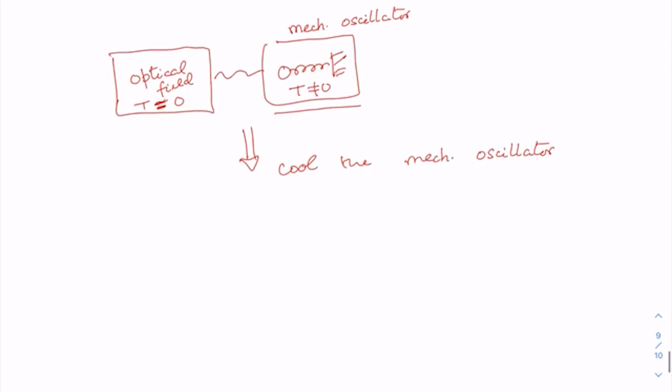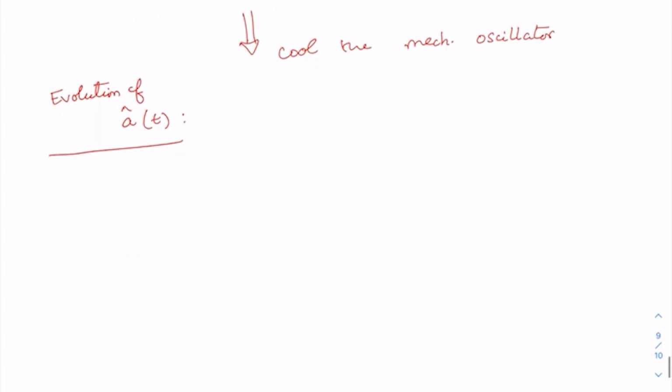Now, one useful piece of information that we'll require later in this course is the evolution of the annihilation operator A. This can be easily found by using the so-called Heisenberg equation of motion, which we learned in the last class. The annihilation operator satisfies this Heisenberg equation.